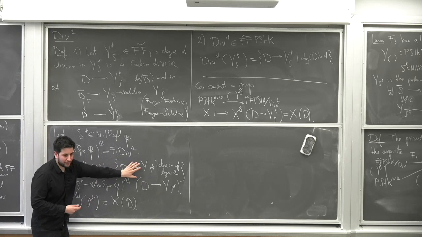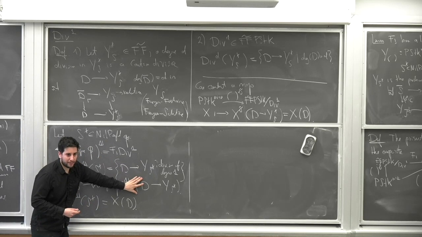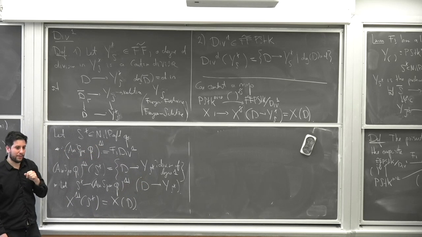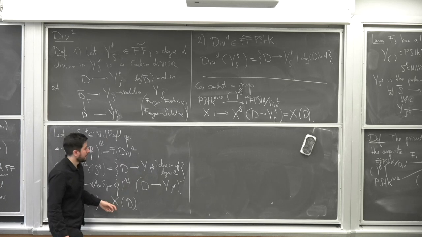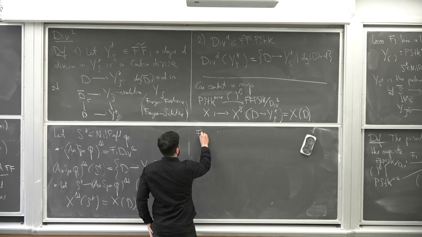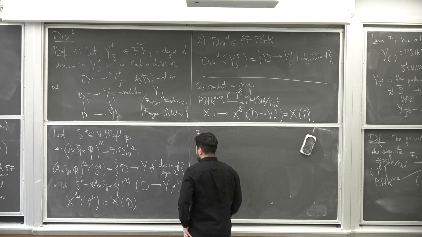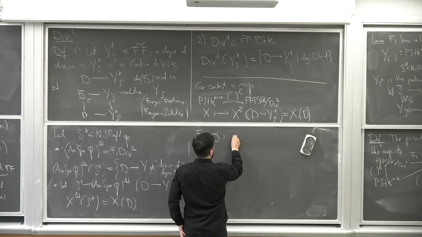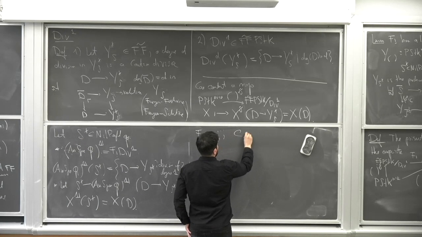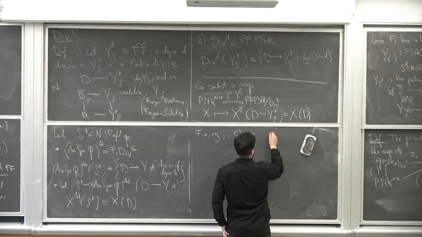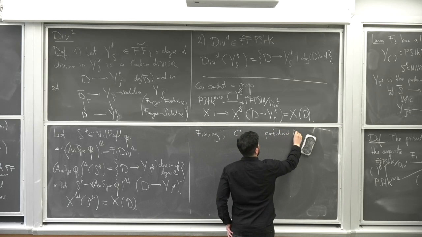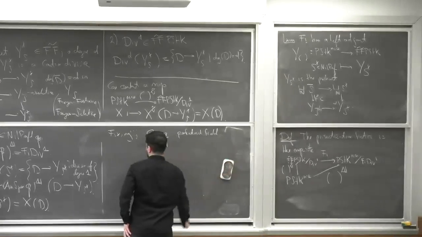But at least if you are given some prismatic divisor, then this one is slightly more computable, and this is what I'm going to explain now. So let us fix, for example, some C or P, a perfect field. Then we have a map.